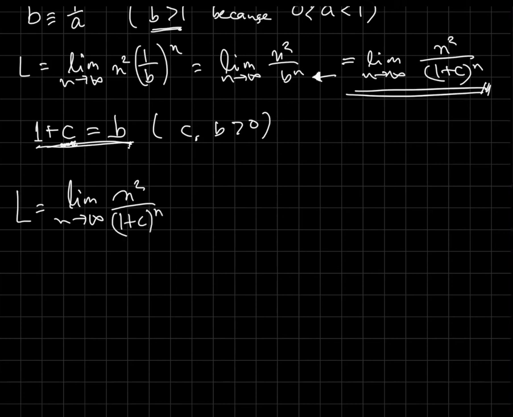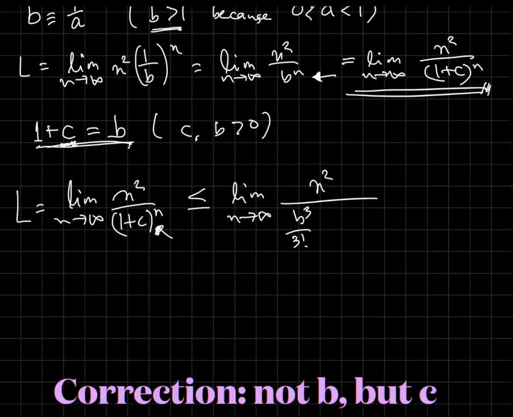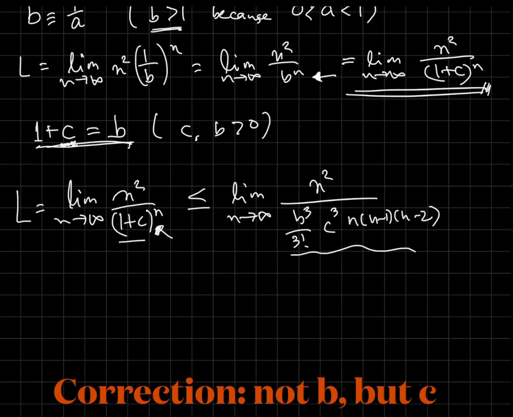And now this limit here is in a very convenient form for us, because now we can just select one term from the binomial expansion of this denominator. So I'm going to choose the fourth term, which is n times n minus 1, n minus 2, over 3 factorial, c cubed. Again, this is just the fourth term of this expansion.